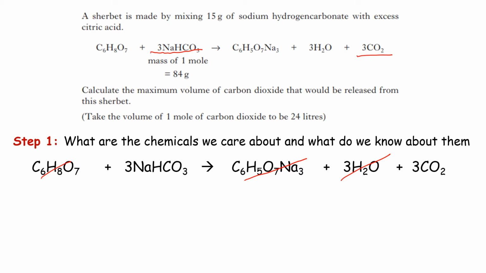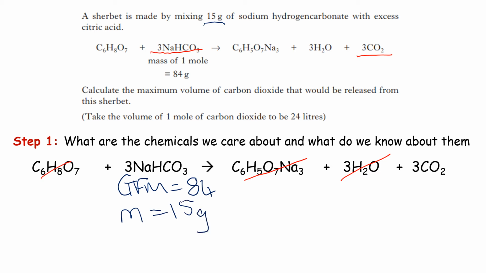From the question, for sodium hydrogen carbonate, we know that the mass of 1 mole is 84 grams. So mass of 1 mole, that is the GFM, and that is 84. We also know from the question that we have got 15 grams. So m equals 15 grams.